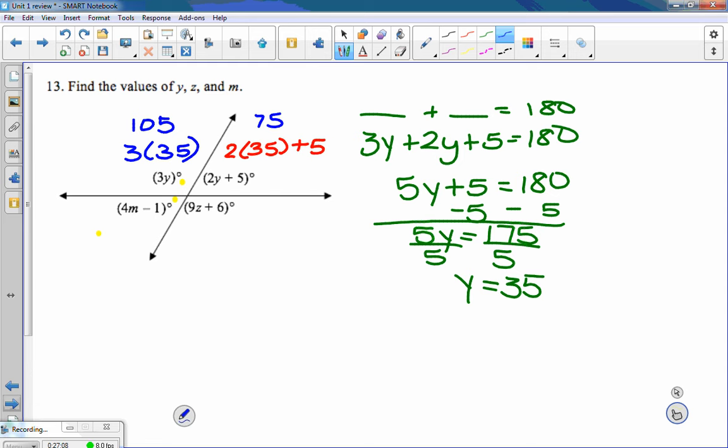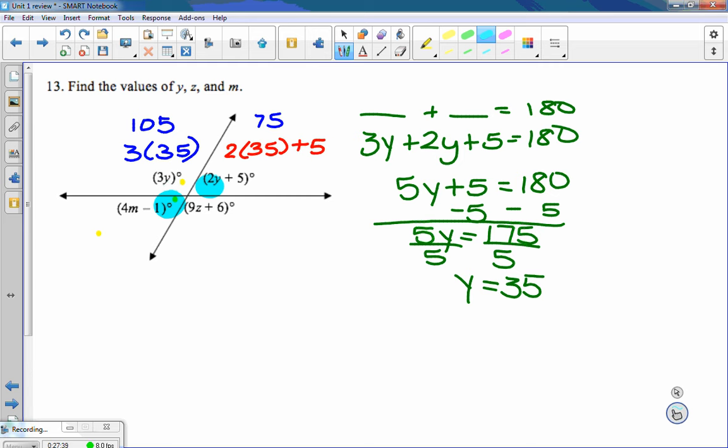What's another way you could have found m? If you didn't want to do supplementary, that works, but what's another way? There's multiple ways we could find this one. Tell me a relationship between this angle right here and this angle right here. They're equal because they're vertical, right? If you don't know that, write it down.